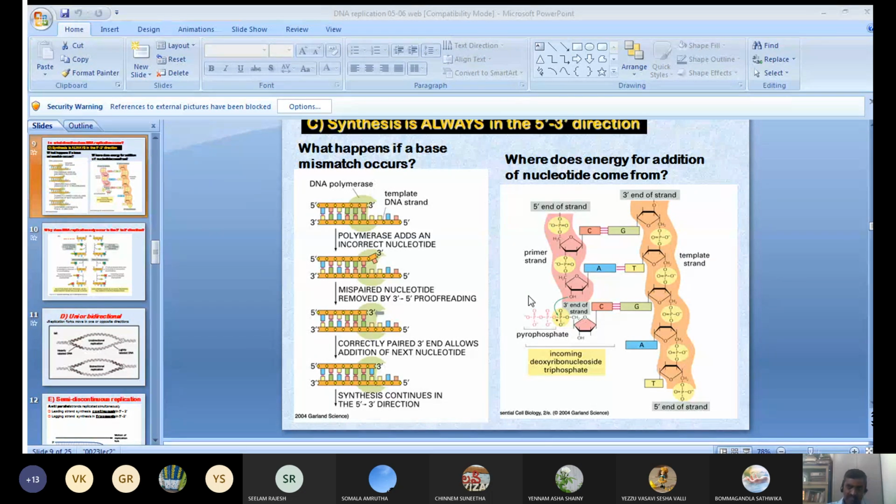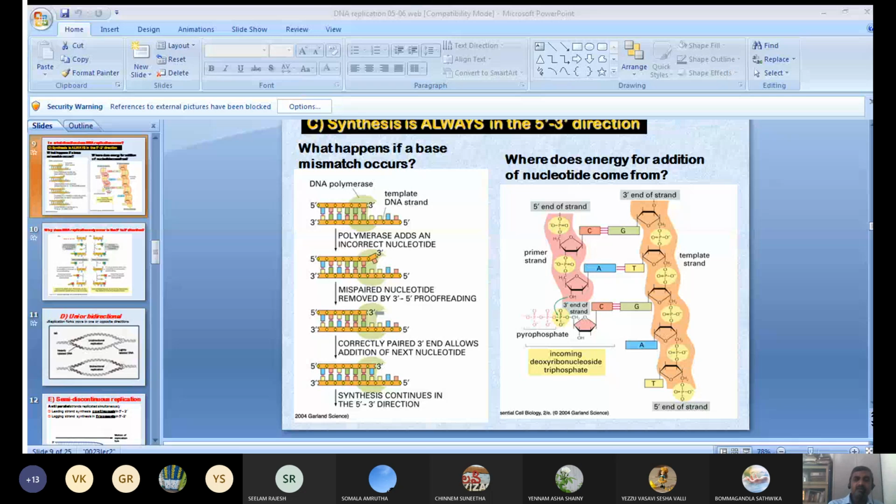This alpha phosphate is involved in the formation of the phosphodiester bond. Nucleotides are in the triphosphate form. Let's imagine ATP, adenosine triphosphate. It has an adenine nitrogen base, a ribose sugar, and then triphosphate. You can call it adenosine triphosphate or deoxyadenosine triphosphate.